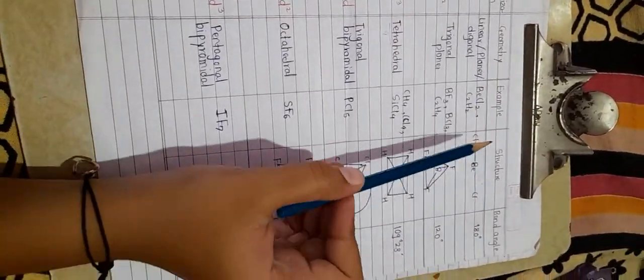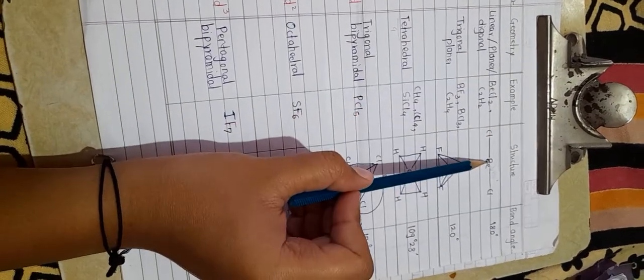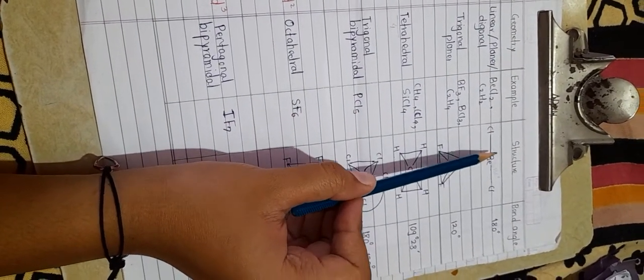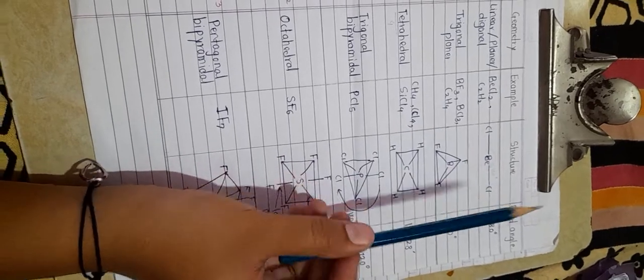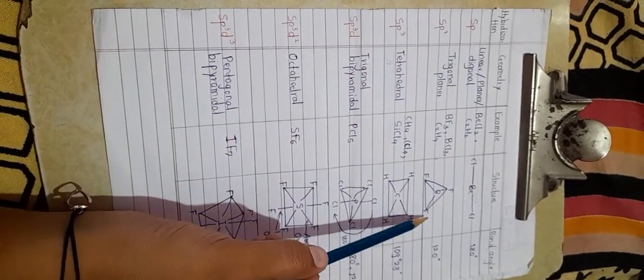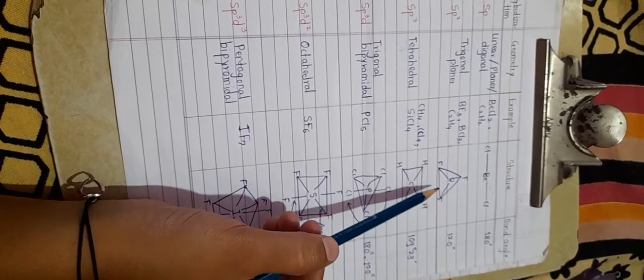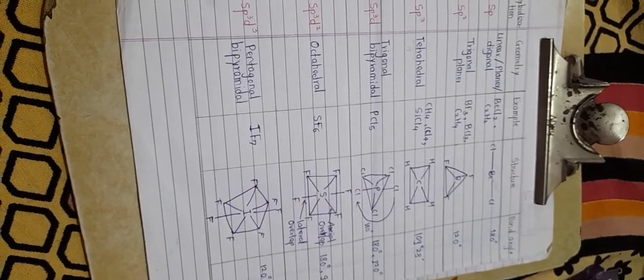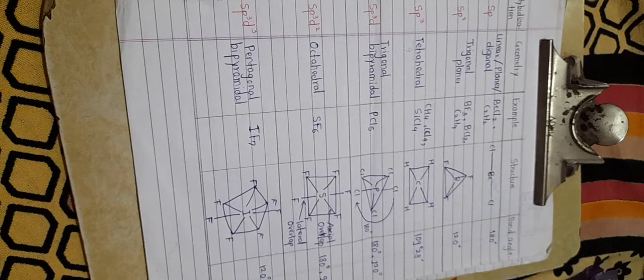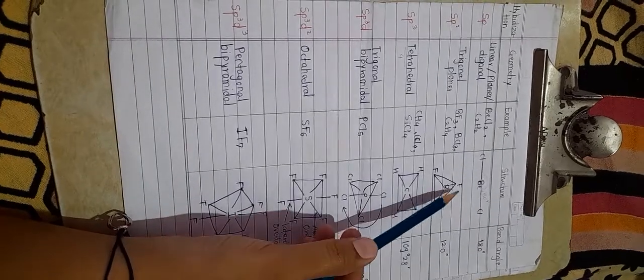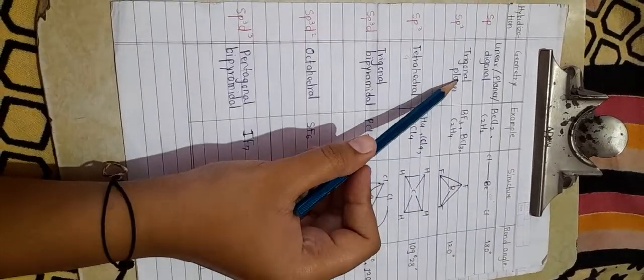First is planar, it is only in one plane, or it is linear, it is a line. Second is trigonal planar, it is triangle and it is only in one plane, therefore trigonal planar.